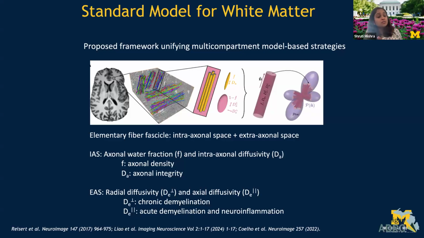People have shown in ex vivo mouse models with cuprizone therapy that the diffusion signal in the parallel direction may be very sensitive to acute demyelination and the associated neuroinflammatory process, and the diffusion signal in the perpendicular direction may be reflective of the integrity of the myelin sheath, particularly in the setting of more chronic demyelination.